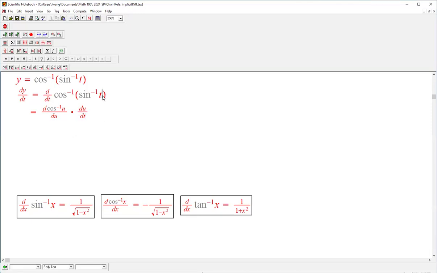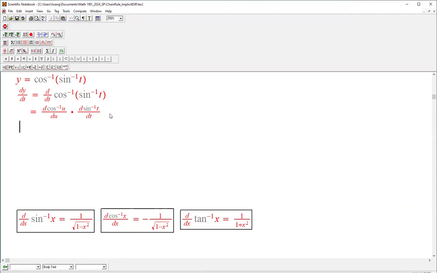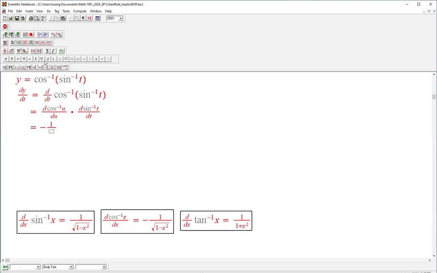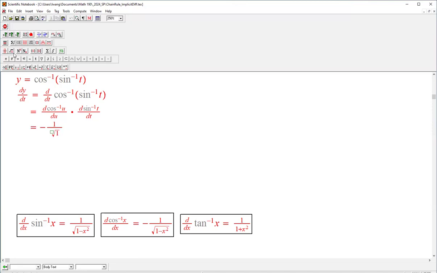U is arc sine t. There we go. Now we apply the arc cosine formula. Here we have arc cosine u with respect to u, arc cosine x with respect to x. These three places are the same, so x is changed to u. So we're going to have negative 1 over square root of 1 minus u squared.